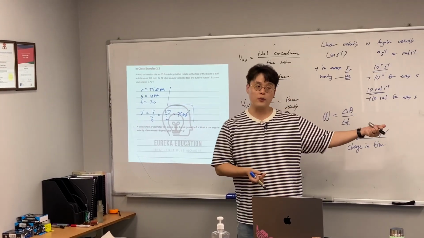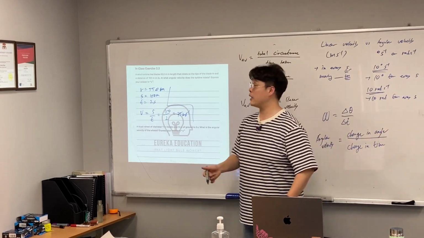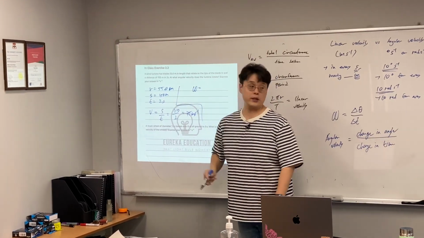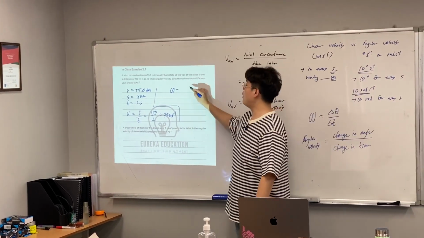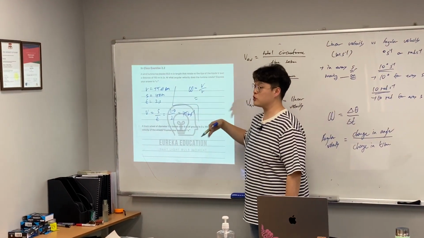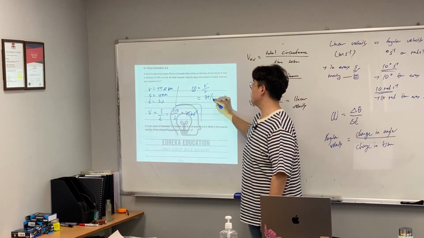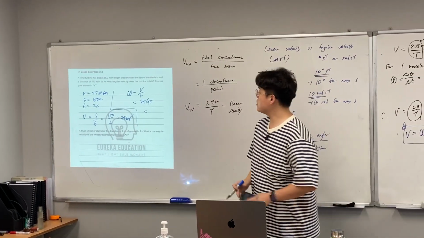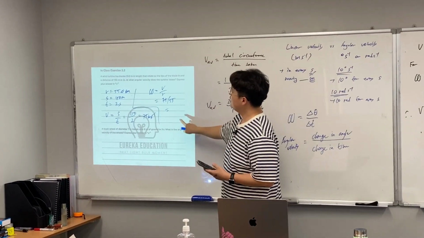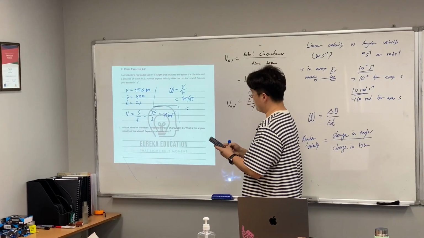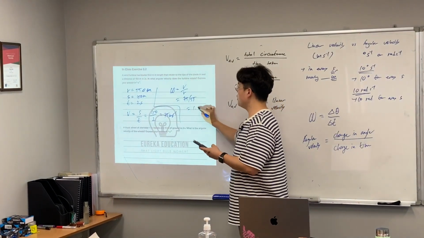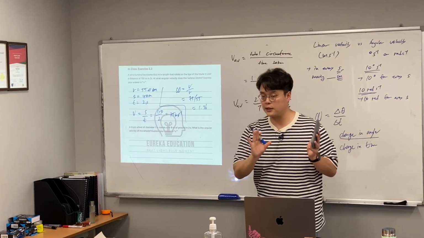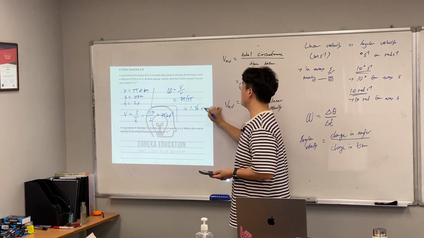If you know the formula, angular velocity is v over r, so you can show the substitution straight away: 75 divided by 55. This gives you 1.36. Guys, this is not in degrees yet. This is giving you radians per second.